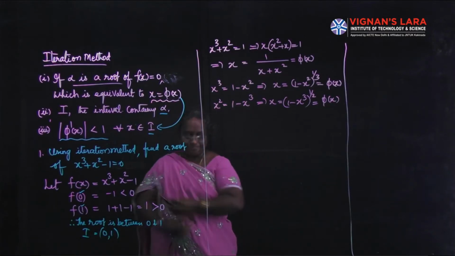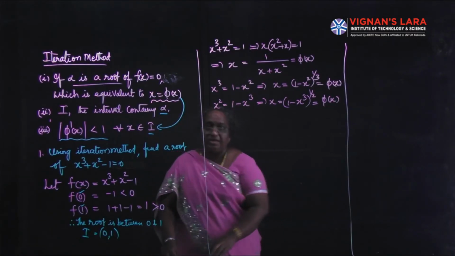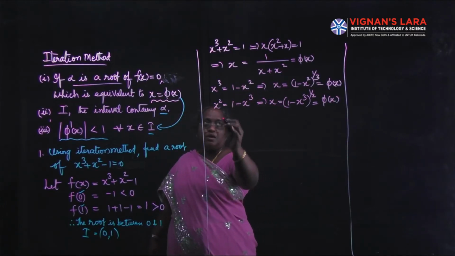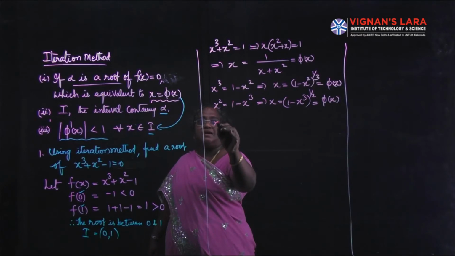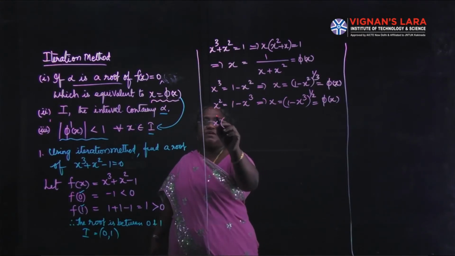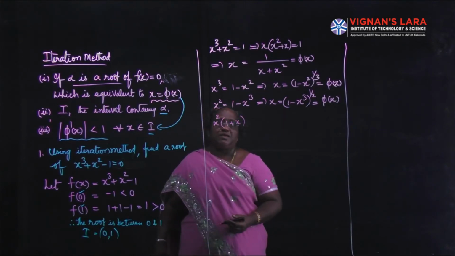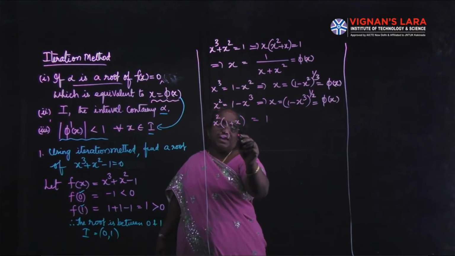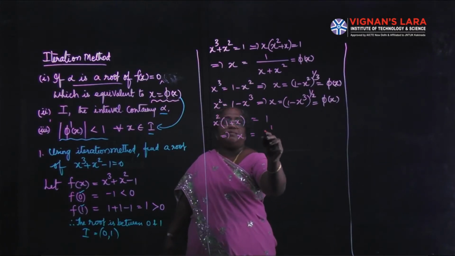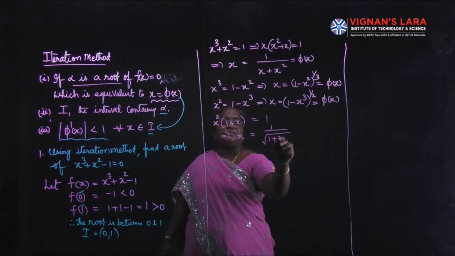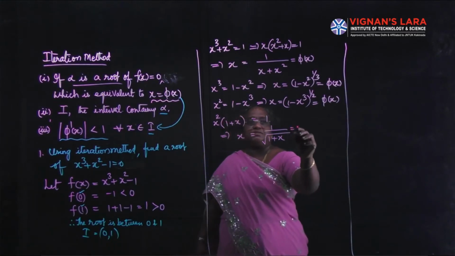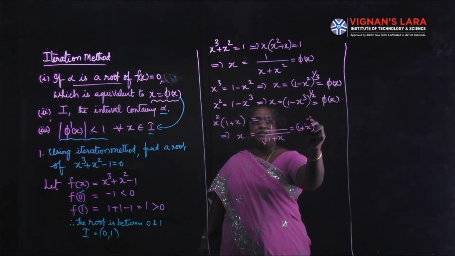Next, what is the other possibility here? Already we have written 1, 2, 3. The remaining one is, if I take x square as common, I can write x square into 1 plus x is equal to 1. So what is our x here? x is equal to 1 by root of 1 plus x, or we can write it as 1 plus x whole power minus half.